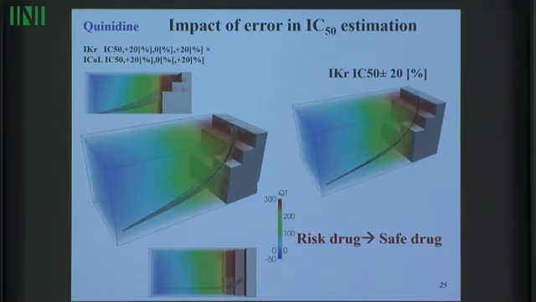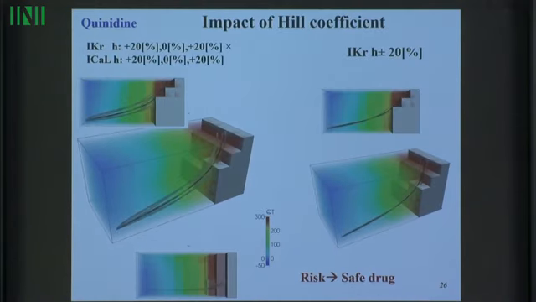For instance, with average data, quinidine was judged as a risk drug, but if the estimation of the IC50 was different by only 20%, we may judge it a safe drug. Similarly, about the Hill coefficient, we saw the same thing. Only a tiny variation in those parameters produces a misleading result.